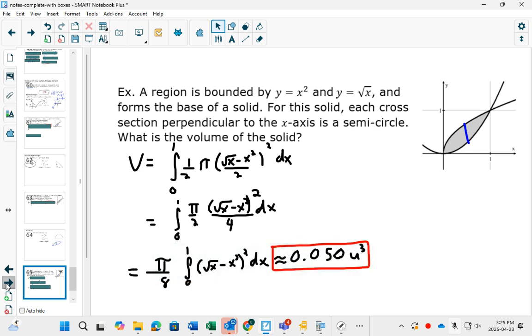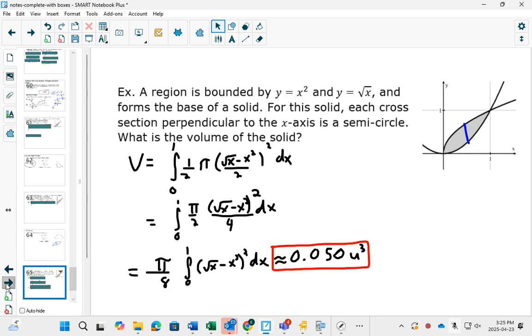And plugging that into our calculator, get the volume. As a drum roll, I'm adding special effects to my videos now.